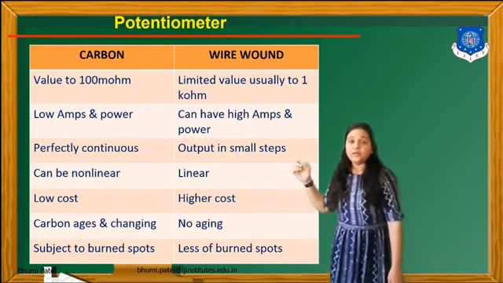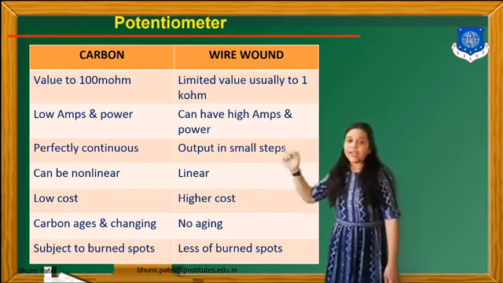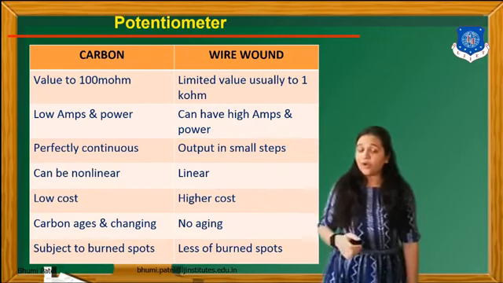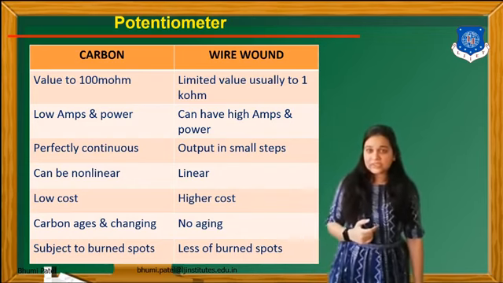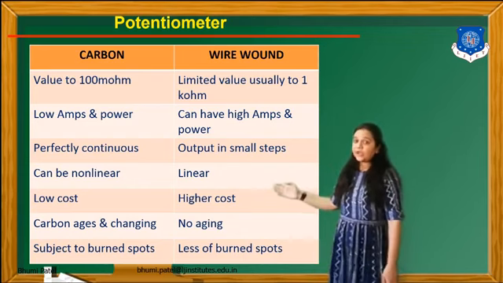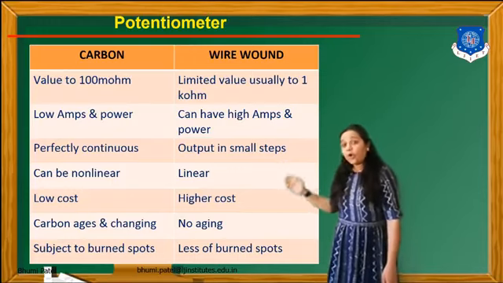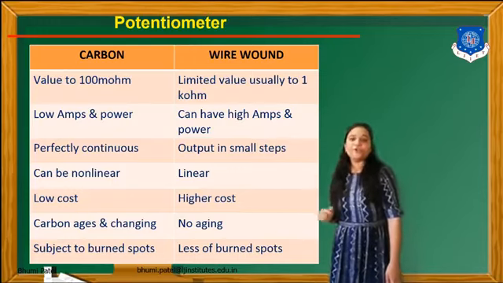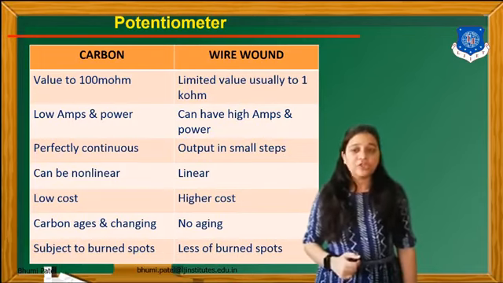The output is perfectly continuous in the carbon type, and in the wire wound we get output in small steps. The carbon type can be non-linear, and the wire wound must be linear. The cost of the carbon type potentiometer is low compared to the wire wound potentiometer.